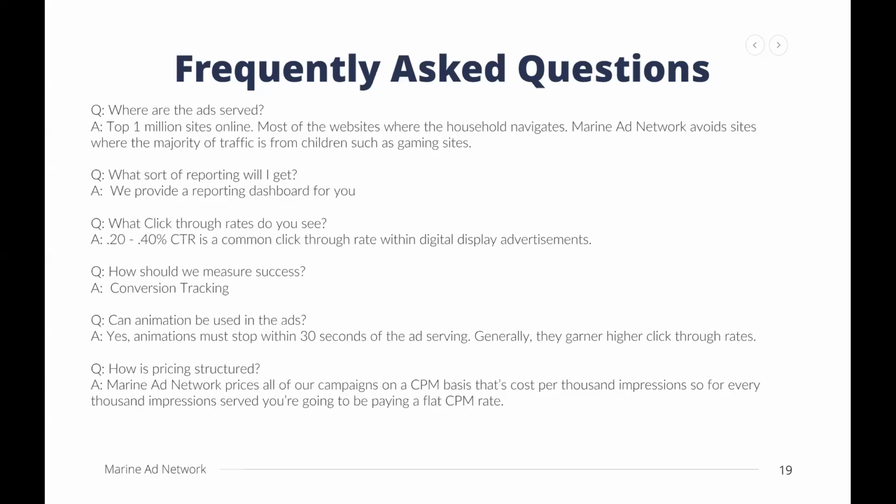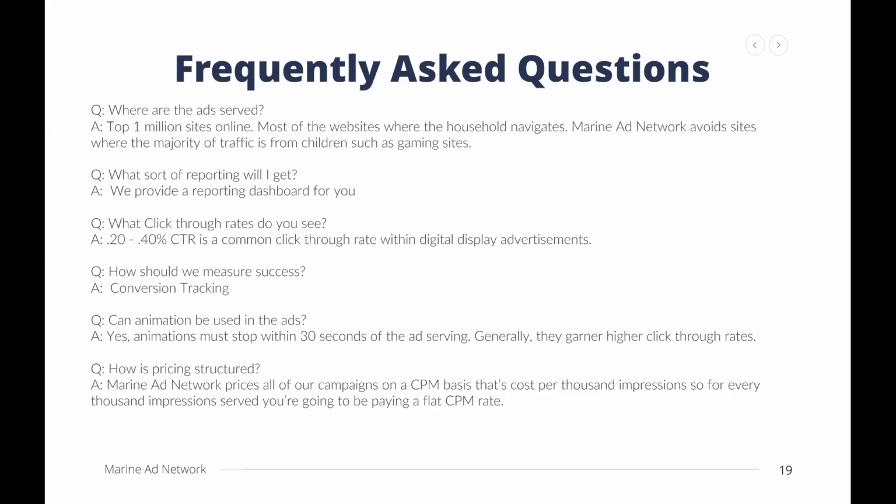Can animations be used in ads? Absolutely. And I can't stress this enough, animations will definitely have much higher click-through rates. So that being GIF ads, HTML5 ads. I'd say video is more expensive, so just know that, but video ads definitely as well will garner much higher click-through rates.